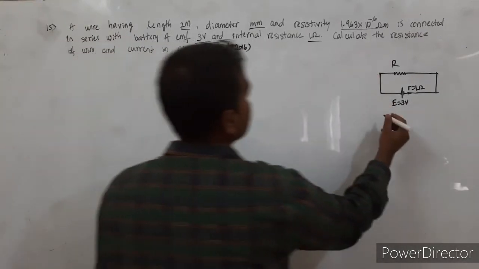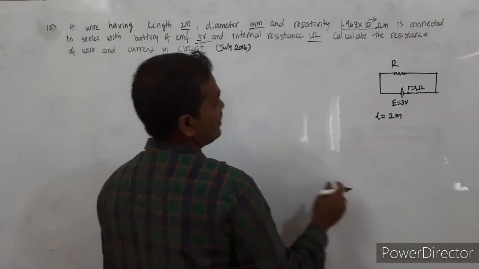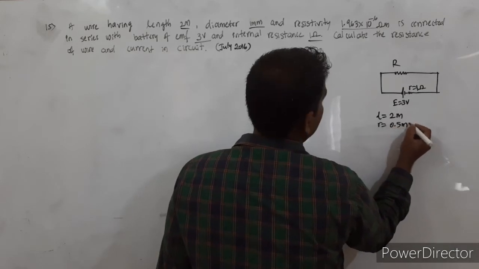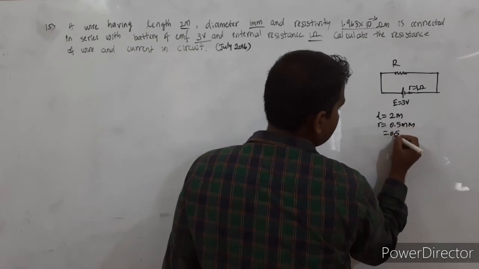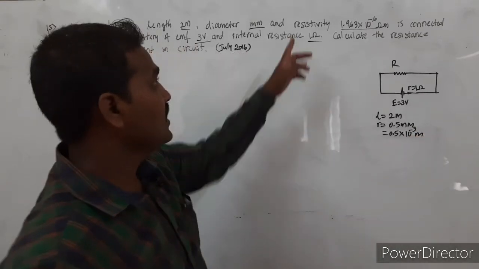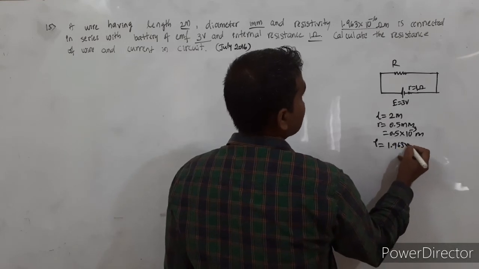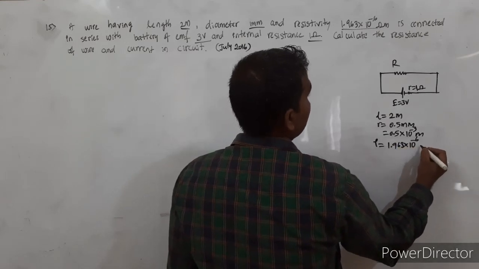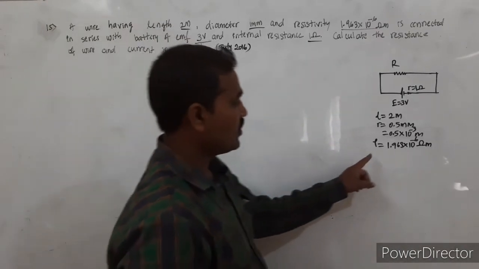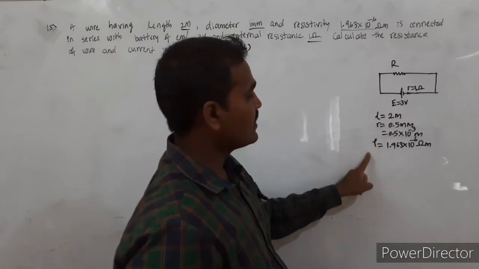The length of this resistor is L equal to 2 meter and the diameter is 1 millimeter, so the radius is 0.5 millimeter, which is equal to 0.5 into 10 to the power of minus 3 meters, and the resistivity is given, that is rho equal to 1.963 into 10 to the power of minus 6 ohm meter. Because we need to calculate the value of resistance, this data is given.